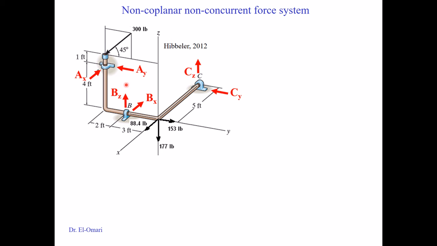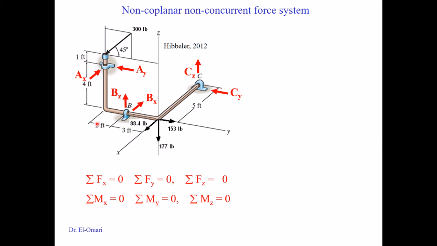But just as a quick review, always place reactions wherever there is prevention of motion or rotation that this support will cause. So in 3D, it is important that you write the equations of equilibrium. How many are those? 2, 3, 4? No, there are 6 equations of equilibrium because we are in 3D.